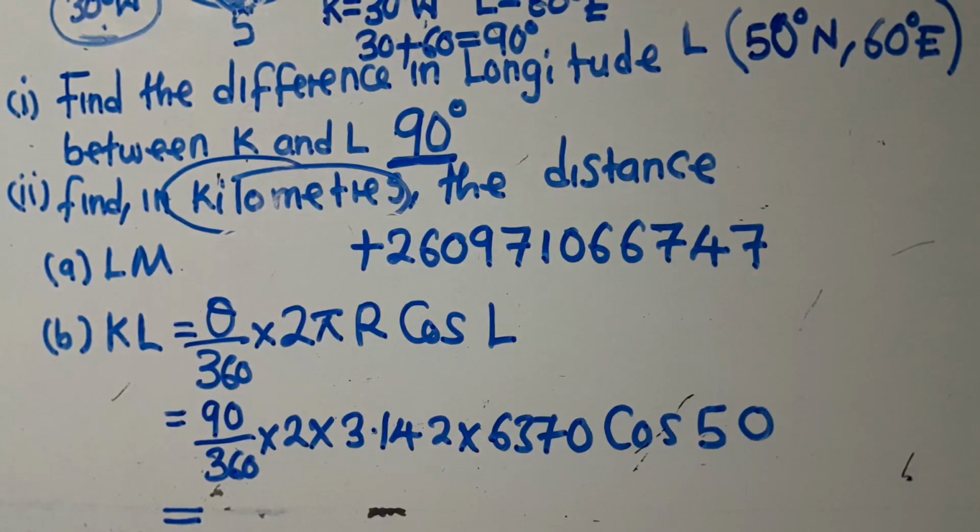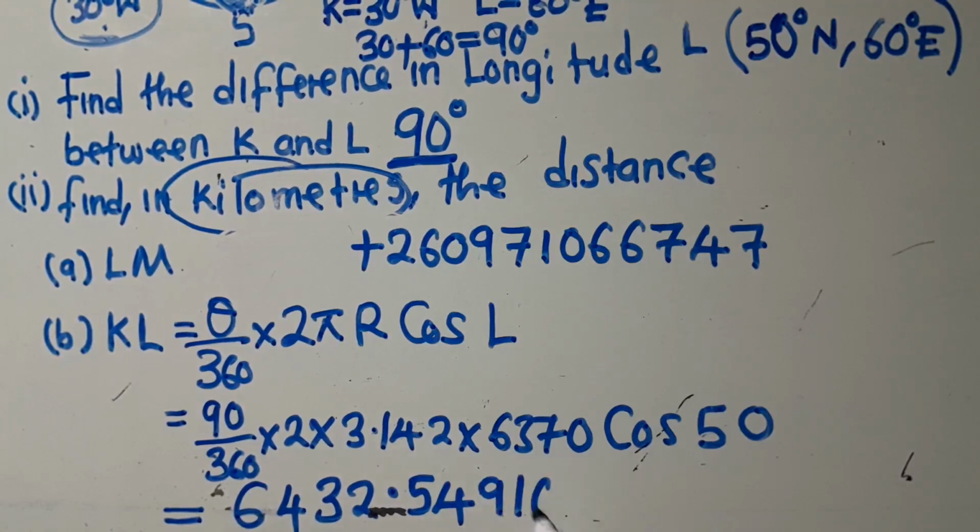What answer are we getting? 90 over... So the answer that I'm going to get when I punch on my calculator, you can confirm with me, the answer that I'm getting is 6432.549163. So you put kilometers like this.